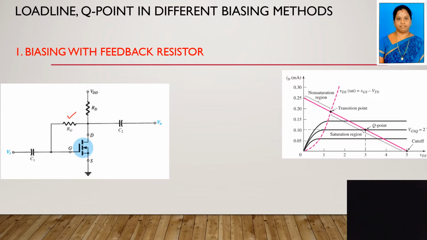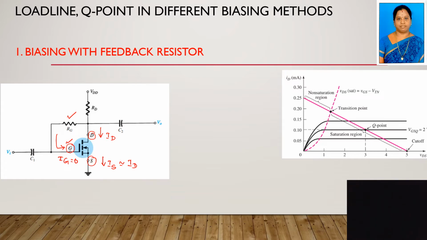So we know that the MOSFET has the gate, drain, as well as source. The current flowing through the drain terminal is ID. The current flowing through the source terminal is IS, which is approximately equal to ID only. Because I told you in the previous slide, the good quality of MOSFET is high input resistance. Because of the high input resistance, the current flowing through the gate terminal is 0.